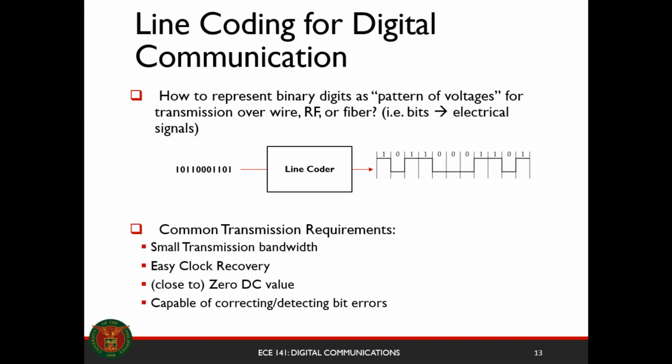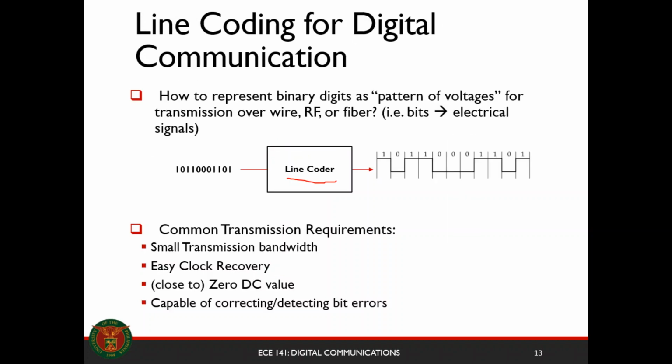If it's on, then it's 1. If it's off, then it's 0. It's actually kind of intuitive. This process of representing our binary digits as a physical signal over a line or a wire or radio frequency or fiber, basically a mapping of your bits to your electrical signals, is a process called line coding.